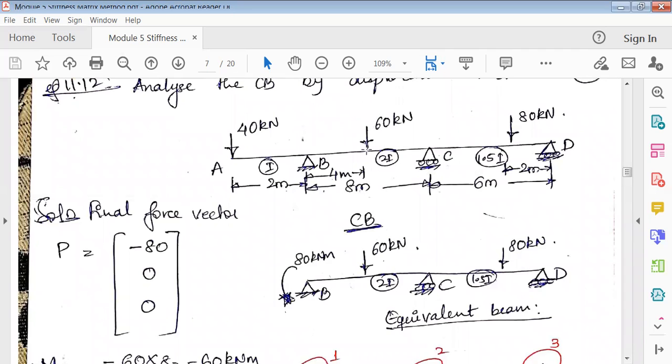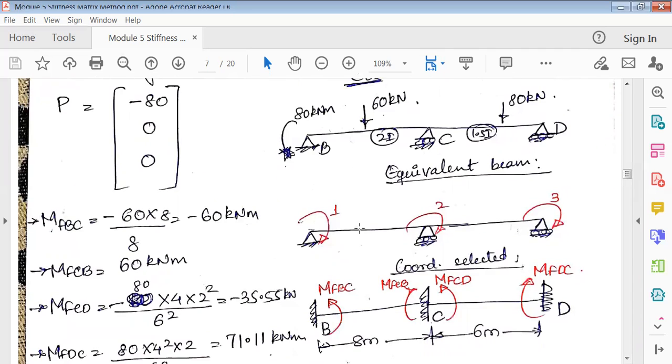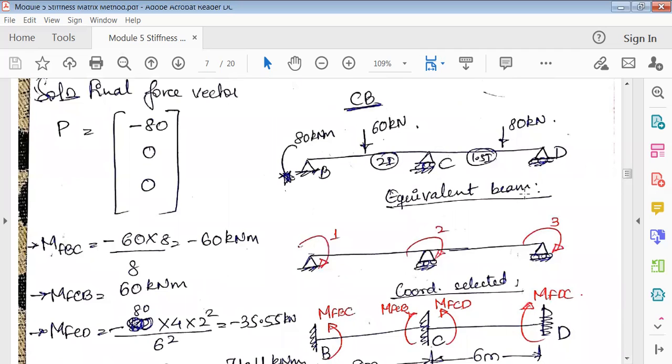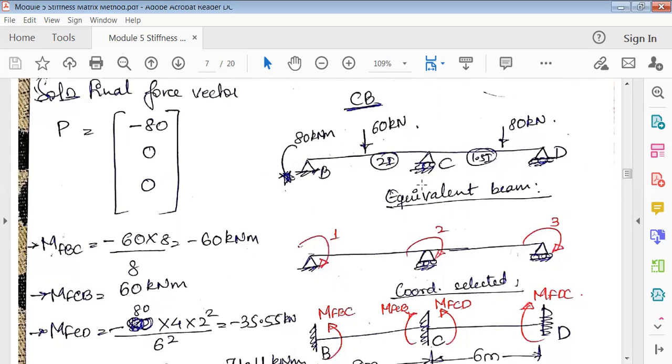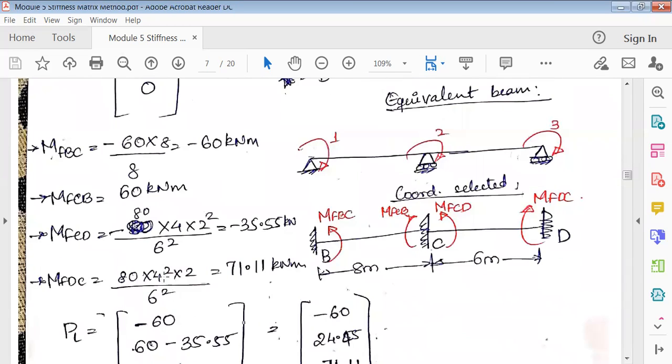So it is minus WL by 8, and the second one is plus WL by 8. Next, MFCD. MFCD is minus W A B square by L square. This is A. This is eccentric. So A is 4. MFDC is W A square B by L square. Likewise find out this.